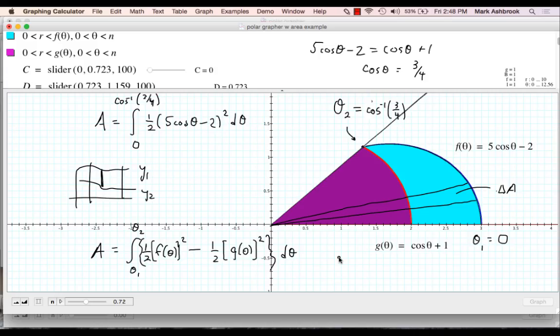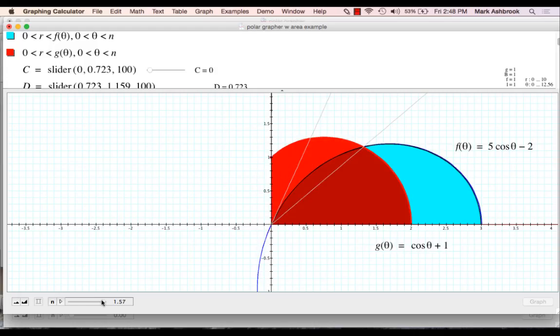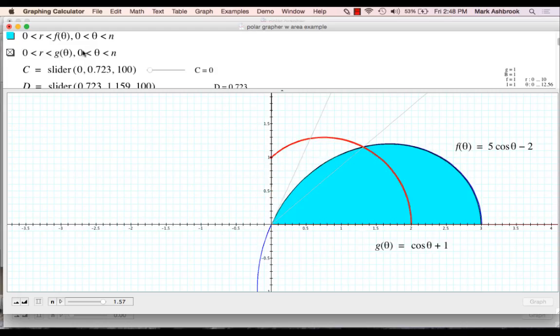Okay, good so far? Okay, so here's the fun part. If that wasn't fun. Any questions on that? So now we've got this. Now I want a new region.